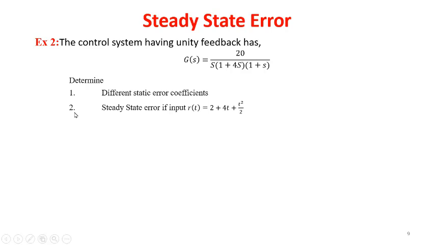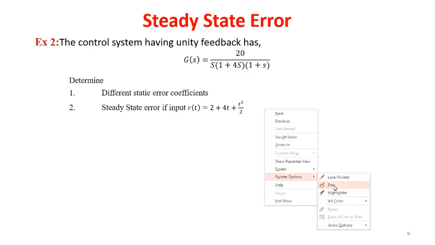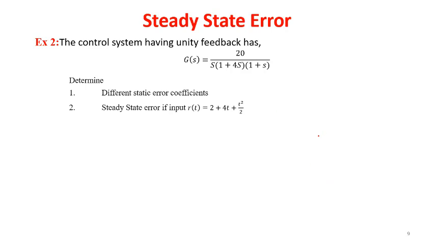The second part to be determined is the steady state error if the input r of t is equal to 2 plus 4t plus t square divided by 2. When we give this input to this control system, we need to determine the steady state error.